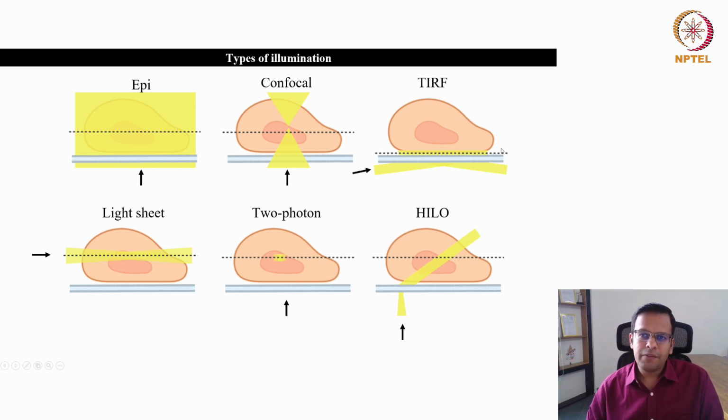So these are different illumination strategies that we already discussed in one of the previous classes in detail. You have to decide which one is best. For regular imaging of bacteria or yeast cells, you can just go for epifluorescence microscopy, which is quite a convenient and conventional technology.